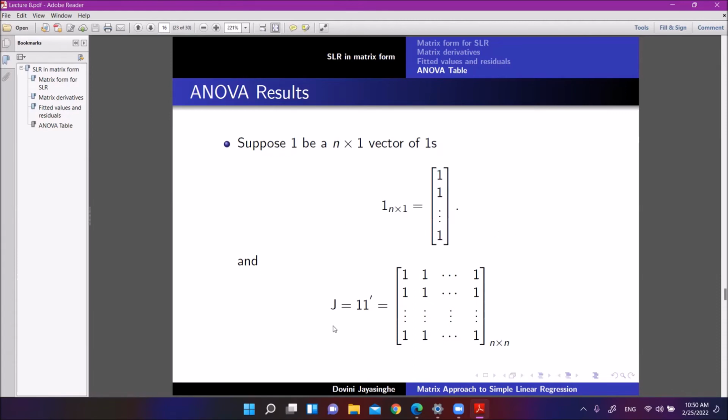And let J be 1 times 1 transpose. It is going to be an n by n matrix. This is the matrix. You have to use this notation in future formulas, so learn this. J is 1 times 1 transpose. 1 is a vector, right?